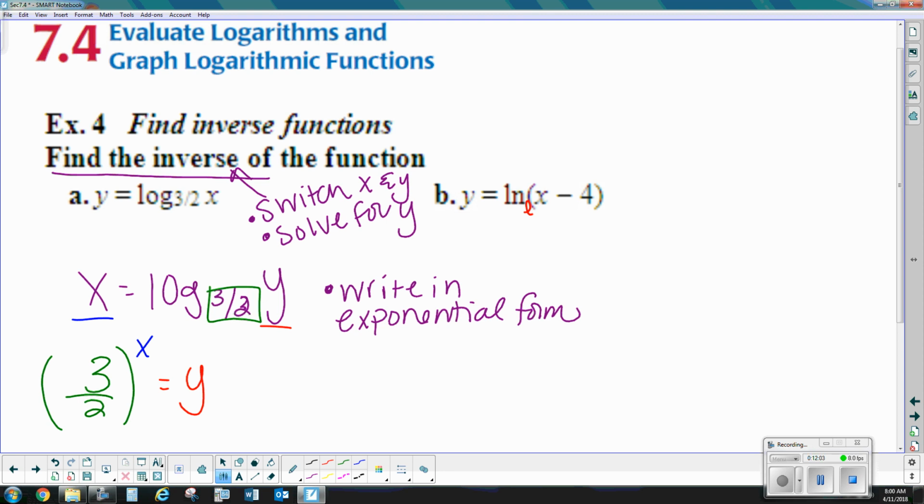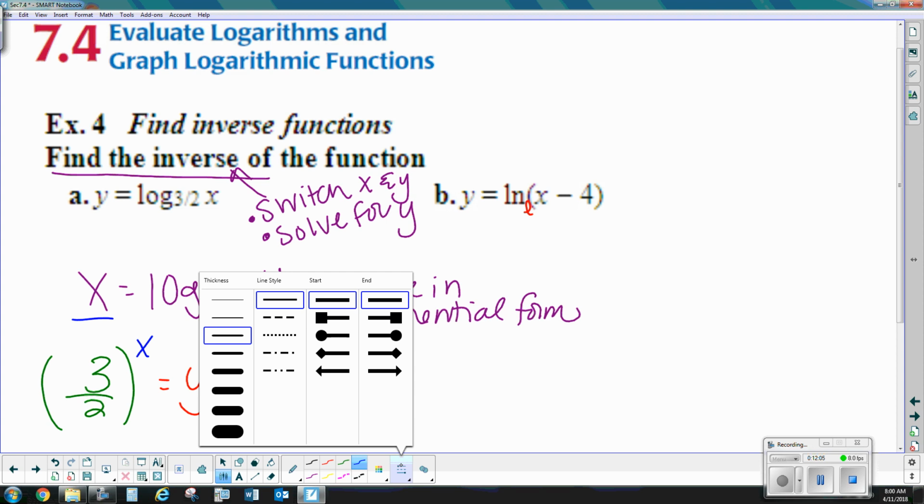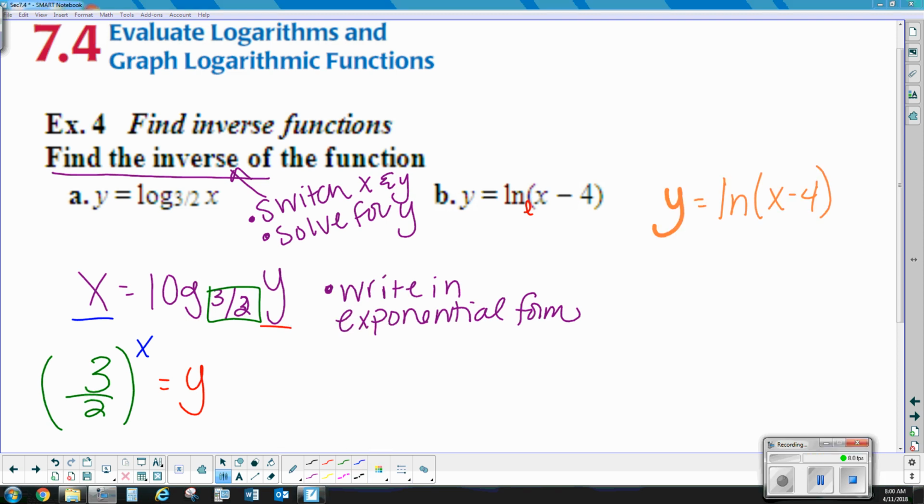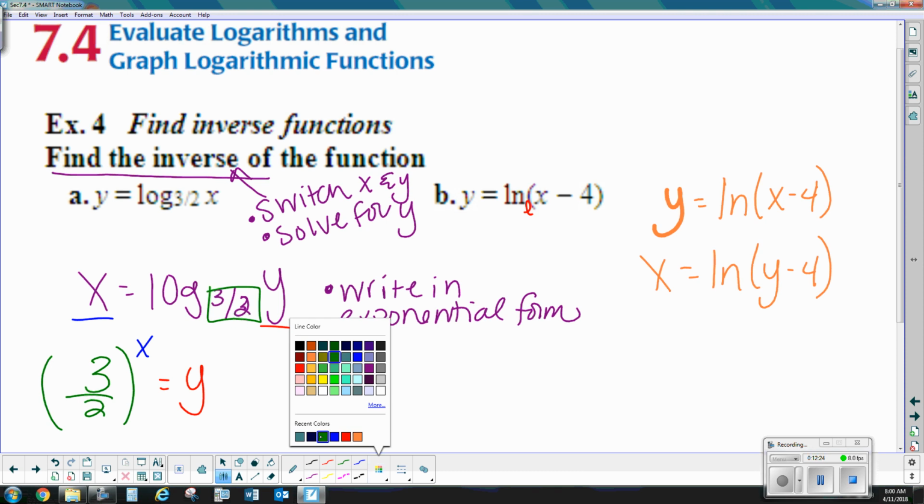So we're going to follow the same steps. We're going to write the original function first. Then we're going to switch the x and the y. So x equals the natural log of y minus 4. Then we're going to write an exponential form. So again, since we don't have a base labeled here, ln, the natural log, that means a logarithm with base e.